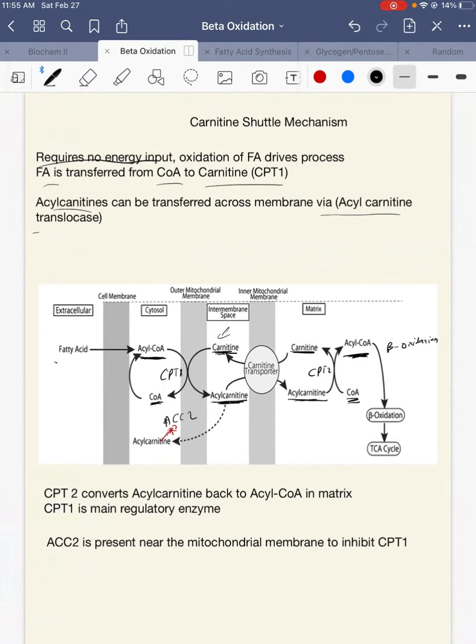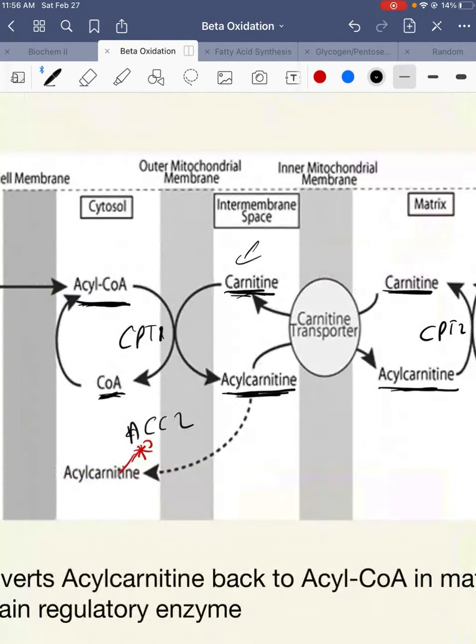So this is if we have low energy. If we have high energy, ACC2 will be active, and if we have high energy, we probably don't want to run beta-oxidation, because beta-oxidation just produces energy for the cell. So if we have high energy, ACC2 will be active, and because it's on the outer mitochondrial membrane, it inhibits CPT1.